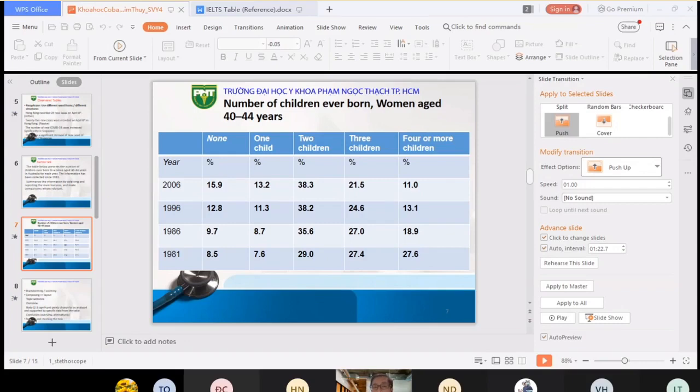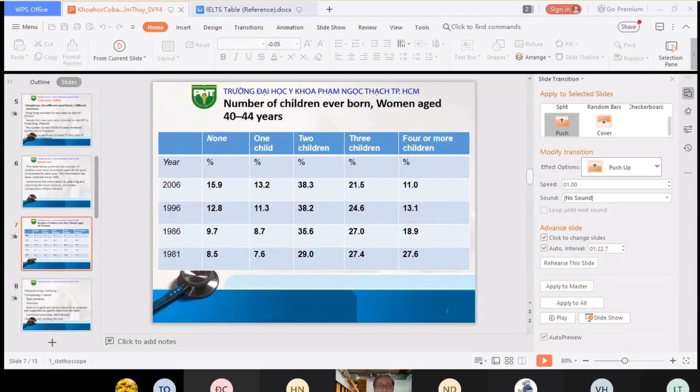When you group information, you can put the percentage of women who didn't have any child, who had one child and who had two children, together, because they are on an upward trend, and you compare them. Then you group the category of three children and four or more children together and compare them because those figures are on a downward trend.